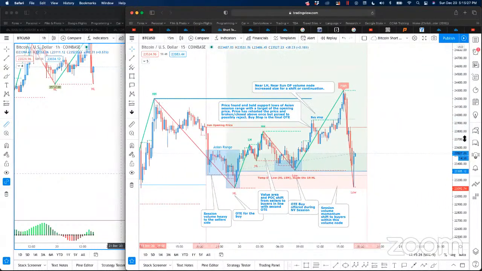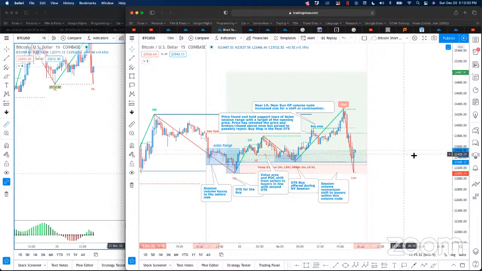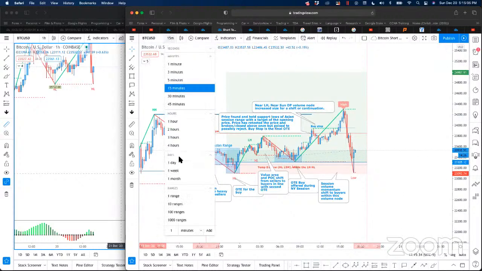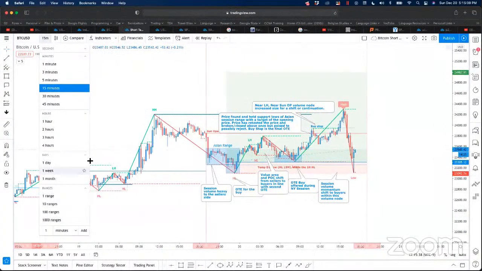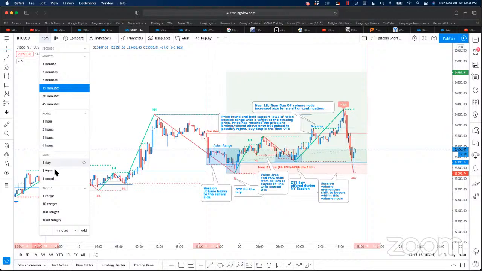The reason why I took this entry, I know it's kind of high, but same situation: we're still bullish, right?